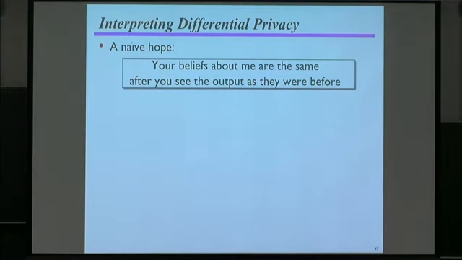Here's what you might want from a notion of privacy in statistical data sets. You might want to be able to say that whatever you believed about me before seeing the results of this released information, before seeing the results of this analysis, you believe the same thing about me after seeing the results of the analysis.